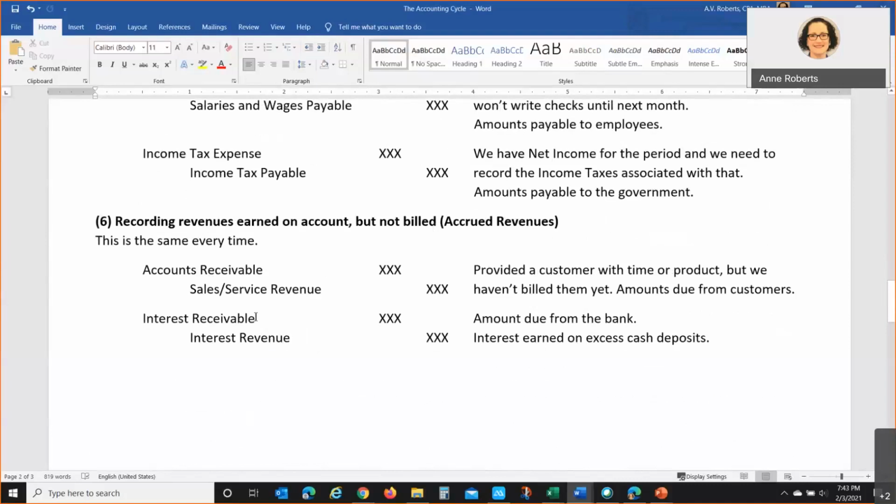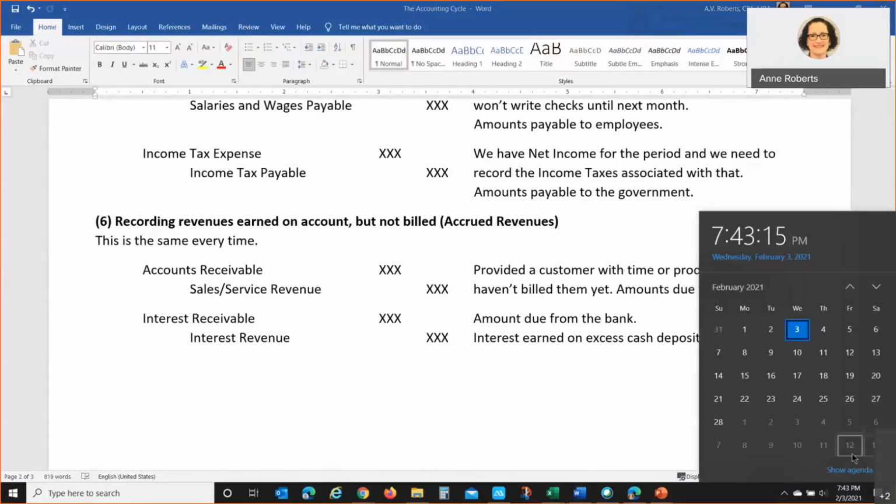About the only thing that we can accrue as revenues at the end of the month is that we provided service to somebody, but we haven't billed them yet. Along those same lines, everybody goes out and provides the service from the 21st to the 27th, but it takes us all the next week to get our billing together.